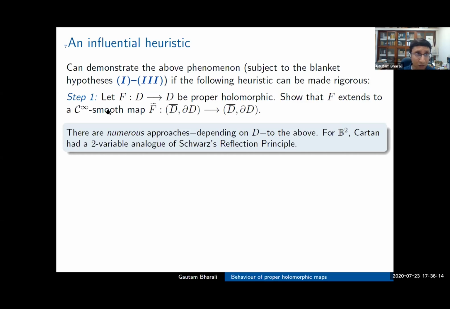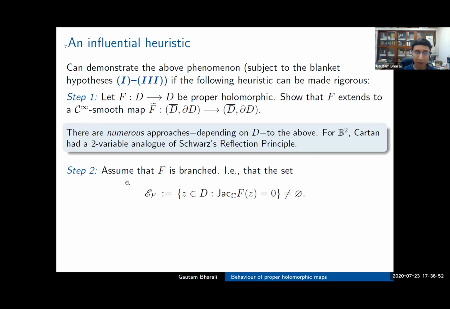The first instance of step one was this really famous result by Charles Fefferman, which essentially triggered off an absolute frenzy in establishing results of this kind: C infinity smooth extension to the boundary of proper holomorphic maps. Okay, so there are numerous ways in which I can carry out step one. As for that result for the ball in C^2, Cartan had used a two-variable analog of the Schwarz reflection principle.